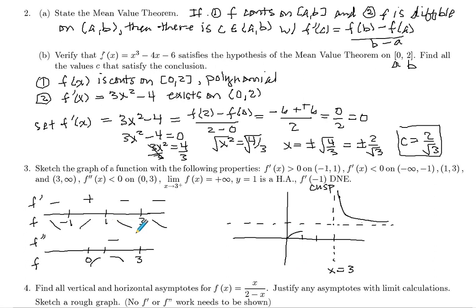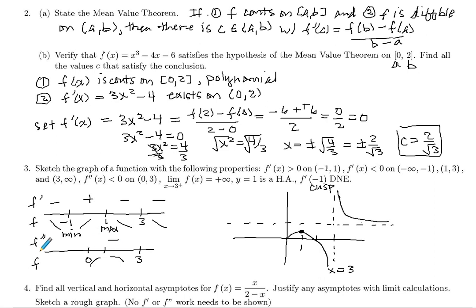And then between 1 and 3, we're decreasing concave down, like this. And why don't we make that approach the asymptote that way? So that means we've got a maximum point here at 1. And that agrees with what we got here, max there, and min here.